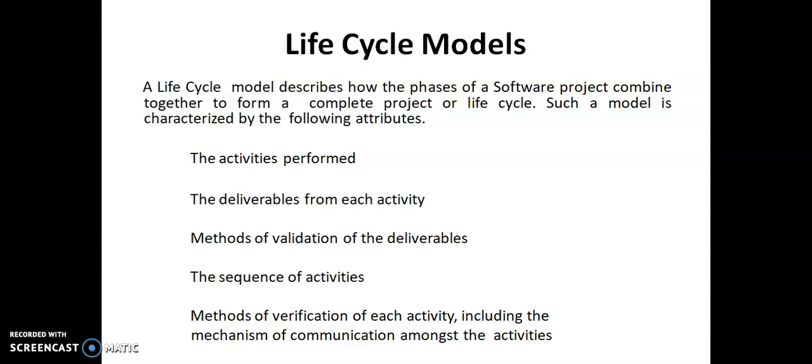Such a model is characterized by the following attributes: the activities to be performed in every phase, the deliverables from each activity, the methods of validation of the deliverables, the sequence of activities to be performed, the methods of verification of each activity, including the mechanism of communication amongst the activities.